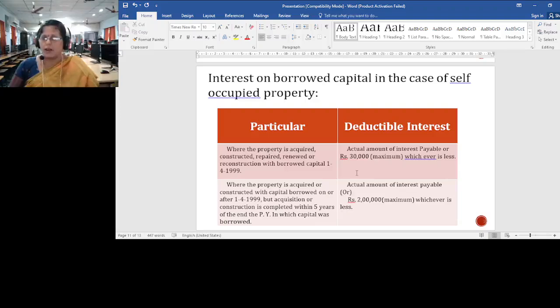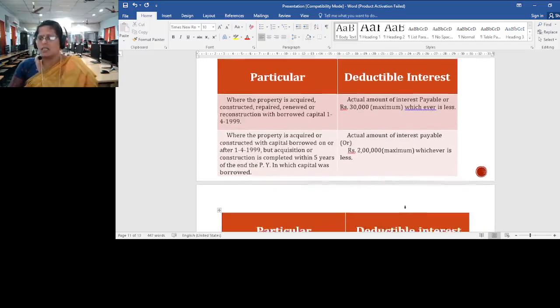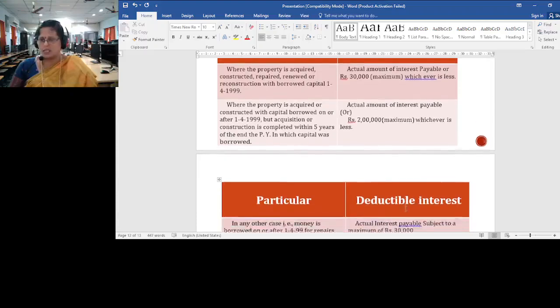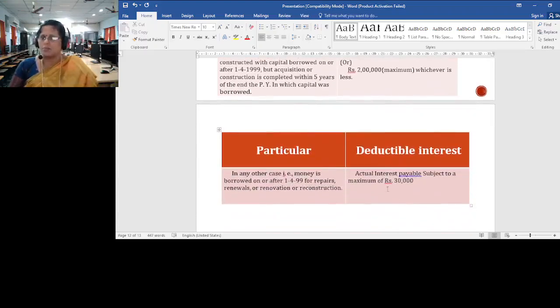If it is acquired after 1/4/1999, actual amount of interest payable or rupees 2 lakh, whichever is less, may be claimed as deductible interest amount. And at the same time, if money is borrowed on or after 1/4/1999 for repairs, renewals, renovation or reconstruction, the deductible amount of interest is actual interest payable subject to a maximum of rupees 30,000.